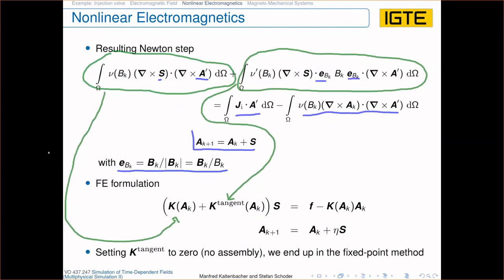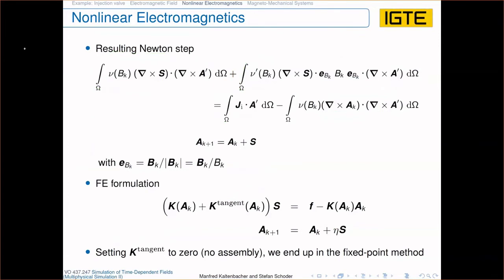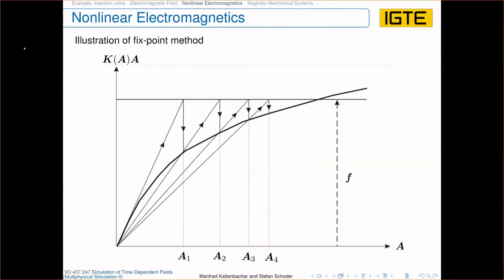What is still open, and we will also have to discuss a little bit, is the very important parameter eta, this line search parameter, which you should include for both a Newton step as well as a fixed point step.